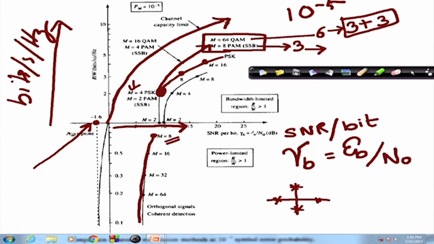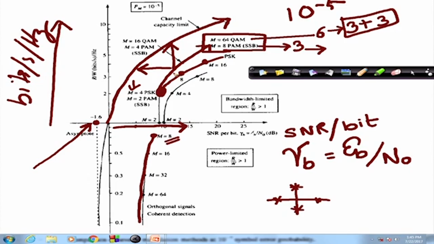What we find is the aim of the communication system design engineer is generally to find a modulation scheme which has the minimum distance from the capacity curve, which is given by this.